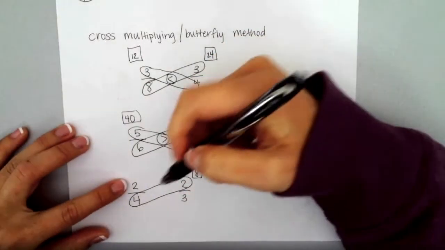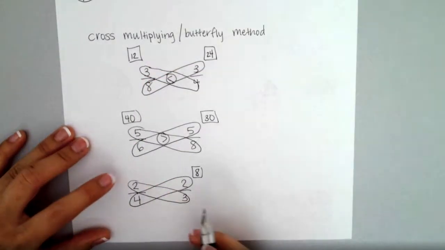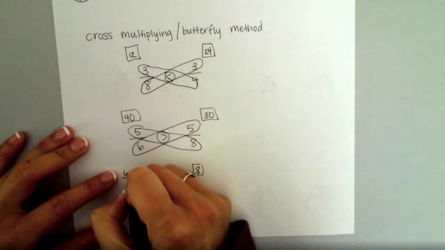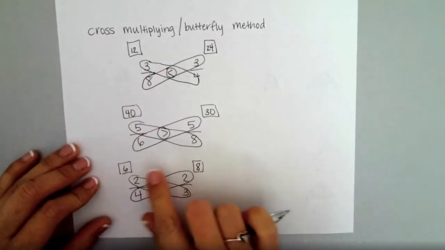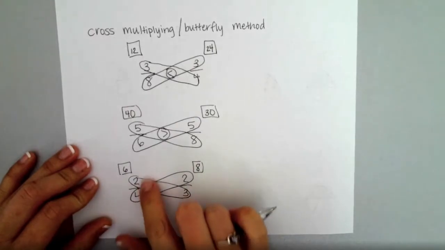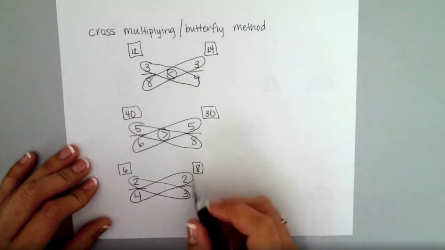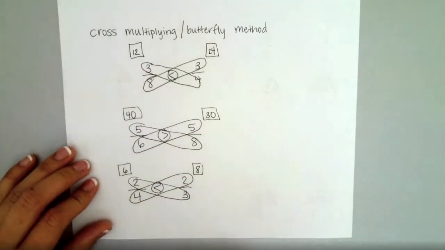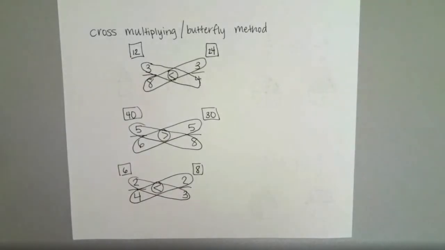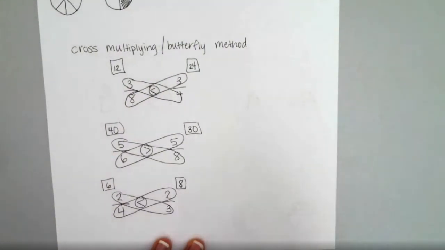And then I'm going to take 2 times 3, which gives me 6. So then I can look at my products, and I can know, well, 6 is less than 8, so 2/4 must be less than 2/3. So 2/4 is less than 2/3.